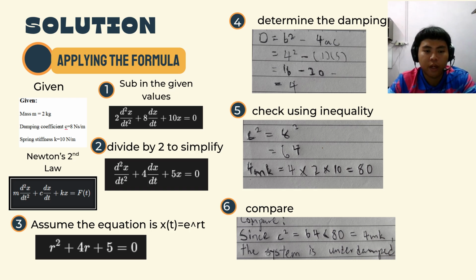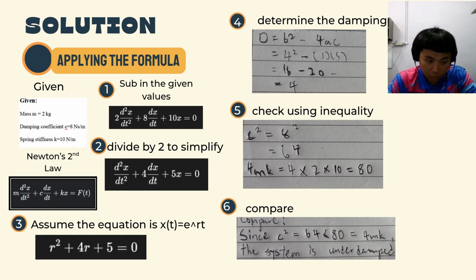Why 4 and 5, and the 2 is gone? Because 2 divided by 2 is 1, and then 8 divided by 2 is 4, and 10 divided by 2 is 5. And then now the next step is we assume the solution is x(t) = e^(rt).